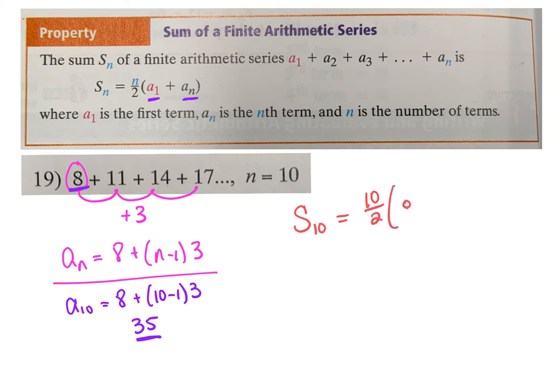The first term, 8, plus the last term that I calculated to be 35. So I'm going to get 5 times 43, which is going to give me a summation of 215 for this one.